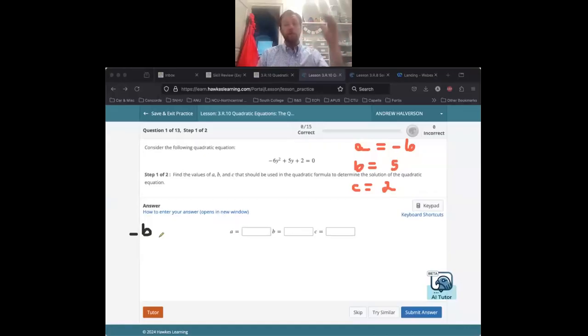If b is negative, the opposite is positive, okay? Plus or minus the square root of b squared minus 4ac, and that's all under the square root, by the way. And then all of that divided by 2a.